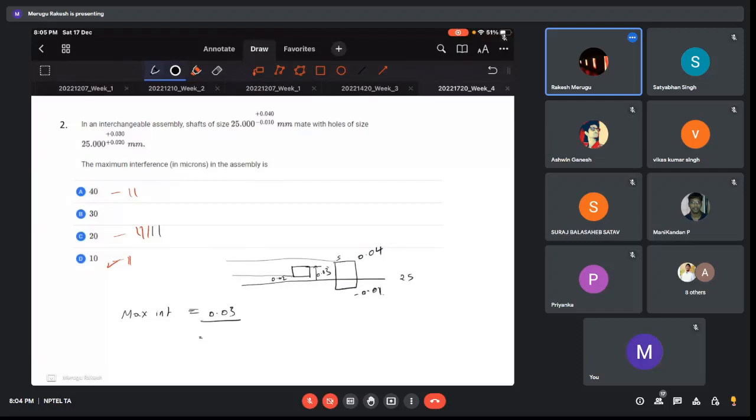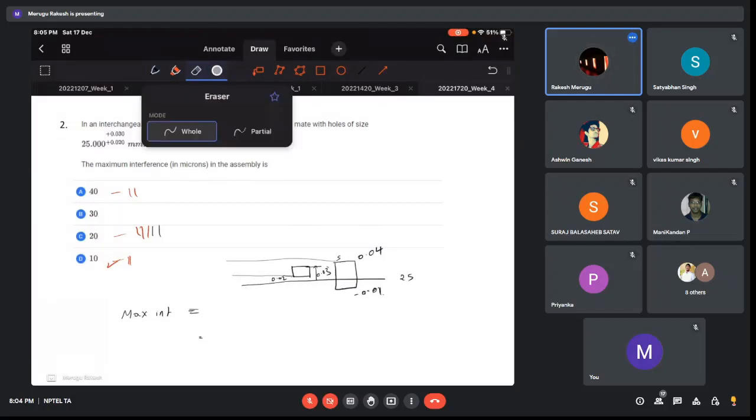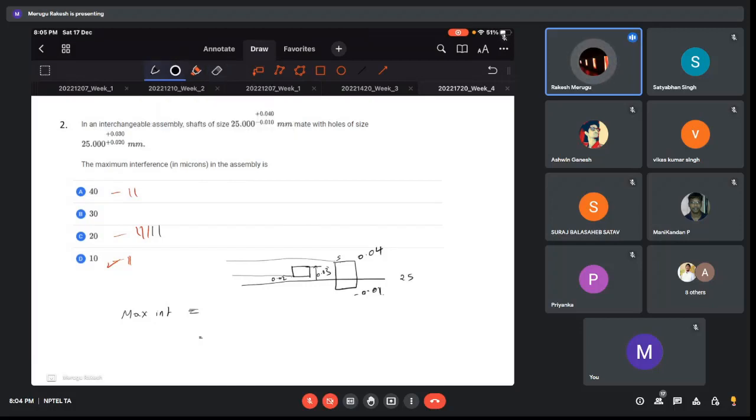Sorry. So the upper limit of the shaft is 0.004 and the lower limit of the hole is 0.002. So this difference is the maximum interference, which is 20.